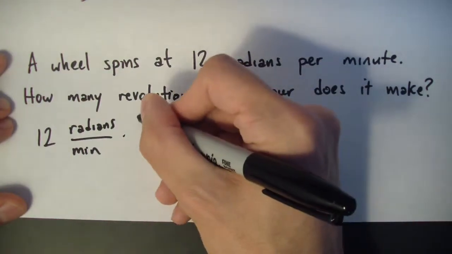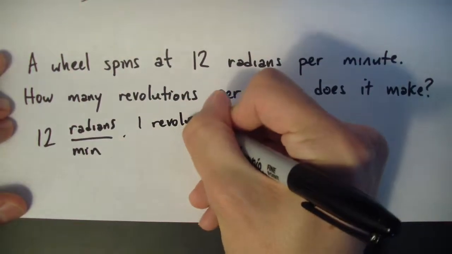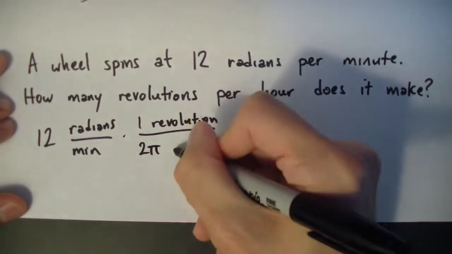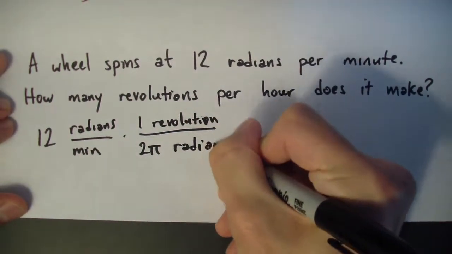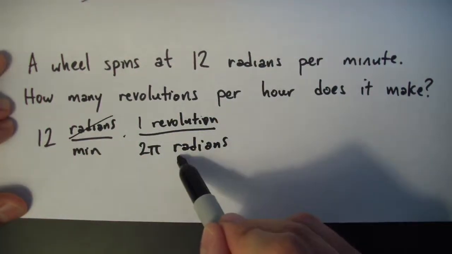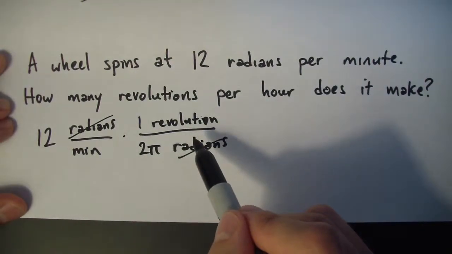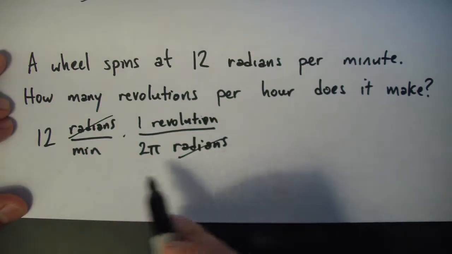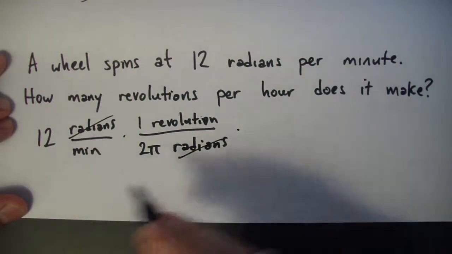So let's start with radians. We're going to take 1 revolution for every 2 pi radians. And that's the right way to do this because we want the radians to cancel and leave us with revolutions in the numerator. And then we need to get hours in the denominator. We want revolutions per hour, and so we need to cancel minutes in the numerator.